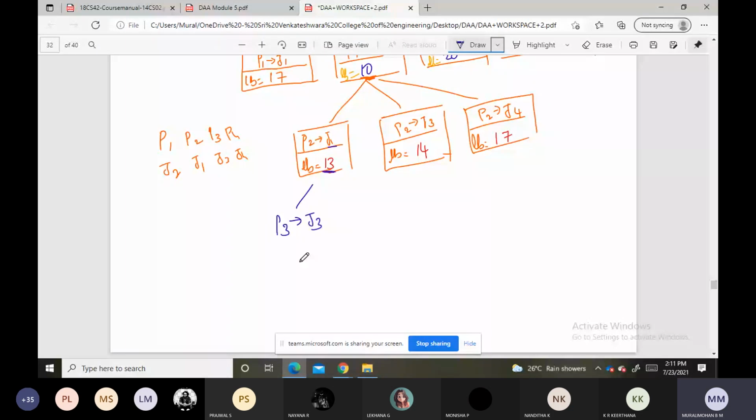What is the lower bound value we'll get here? Or we can give job 4 to person 3, right? Which lower bound values will we find here?